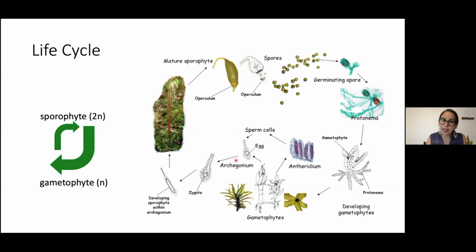And when the egg and the sperm come together, they form an embryo or a sporophyte that will grow and become this other part. Okay? And as I said before, the difference from other plants is that the gametophyte is the largest part that you're gonna see, the long-living part of the plant.